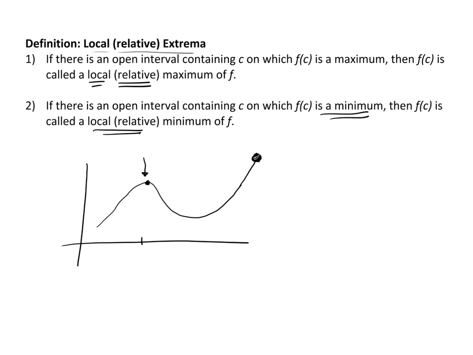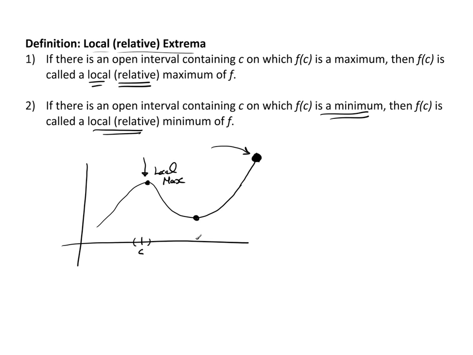If I make this a solid point right here, the absolute max could be way up here. But locally, if this is c, if I take some interval arbitrarily close to c, every value of x passing through c, every one of these guys, f of c is the biggest guy. So this is a local maximum.